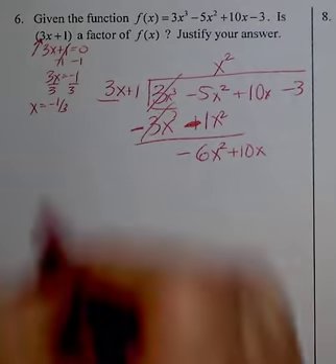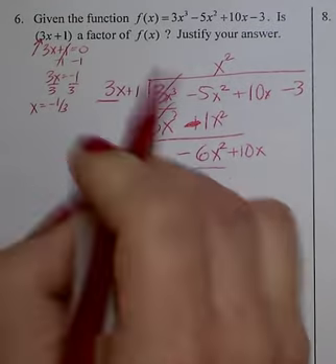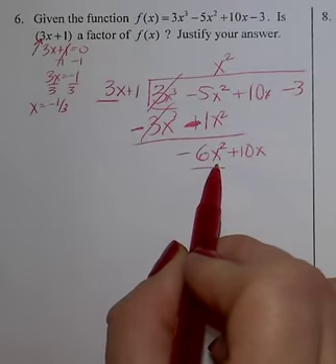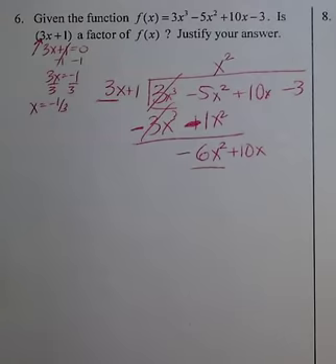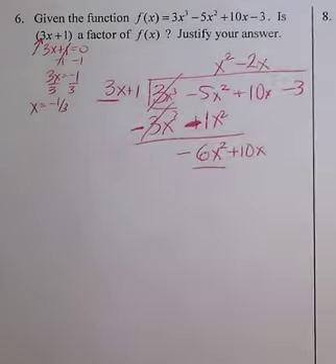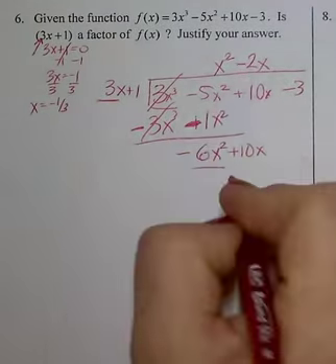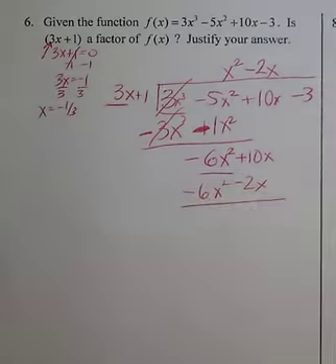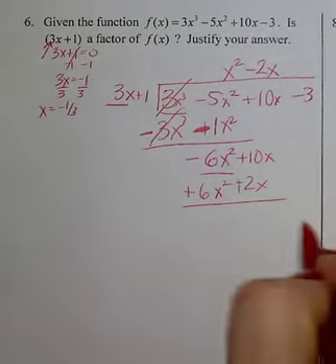Okay, underline and underline. 3x times what quantity is negative 6x squared? Okay, you can't just say 2x, so you're close. Put it in the right column, negative 2x. You have to include the symbol. I'm going to multiply and multiply and change the sign and combine downward.